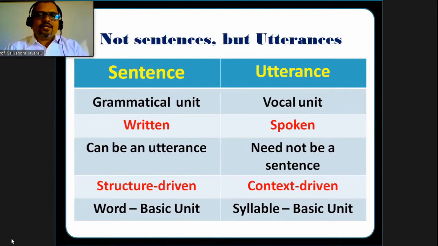So the last one is the basic unit. In a sentence, you will have words, but in an utterance, what we have is just a syllable and syllable units. What are syllable units? They are Telugu aksharas. Every akshara, every letter of Telugu is a syllable. Ka is a syllable.